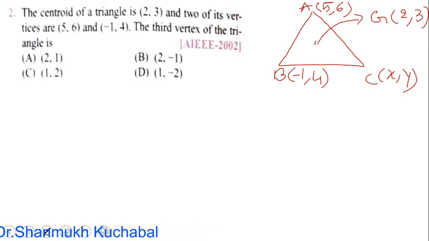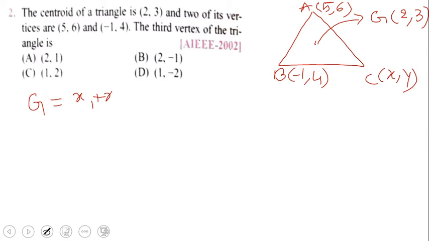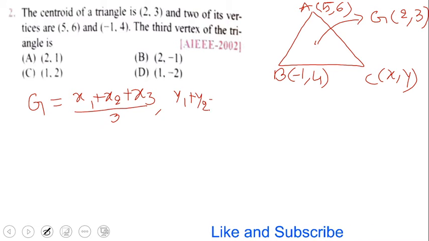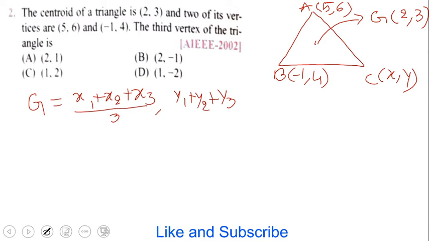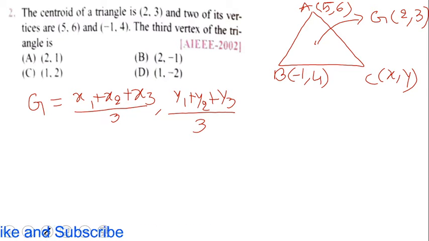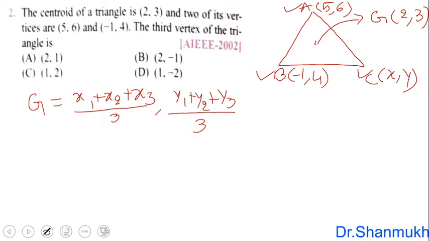I use the centroid formula: G = ((x1 + x2 + x3)/3, (y1 + y2 + y3)/3), with point A as (x1, y1), B as (x2, y2), and C as (x3, y3).